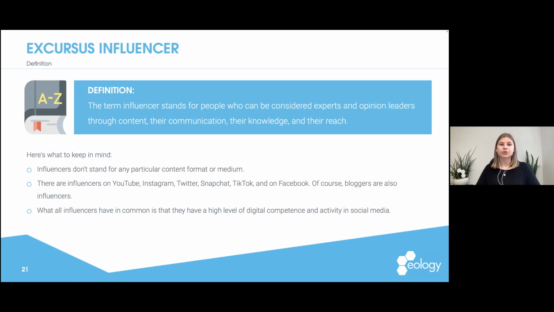They're influencers on YouTube, Instagram, Snapchat, TikTok, Facebook, like bloggers all over the web. And what all influencers have in common is that they have a high level of digital competence, and they usually have a high level of activity in social media. So that's where you have to focus your search for influencers.